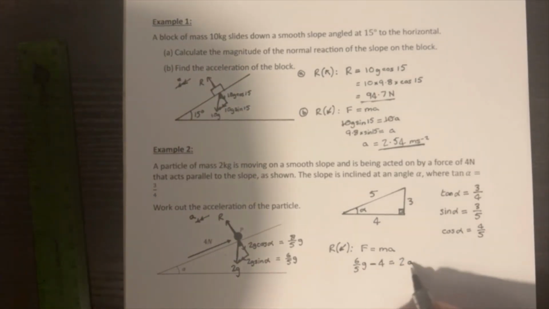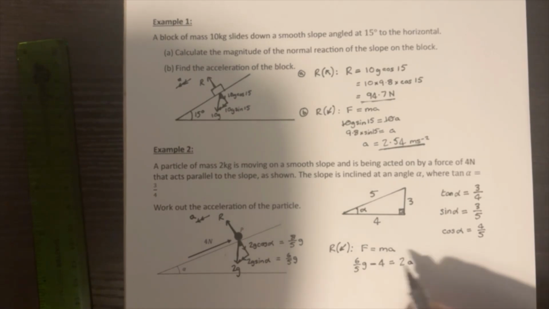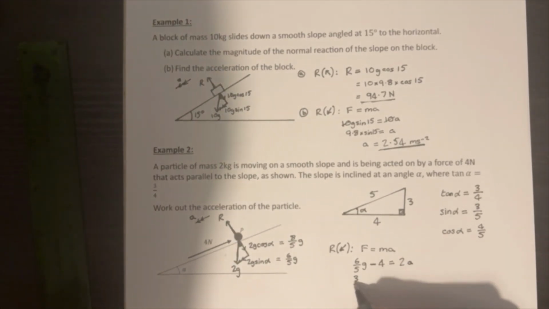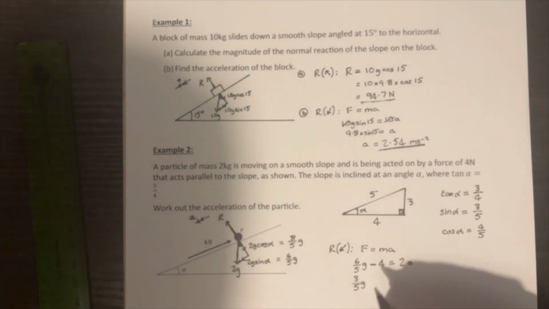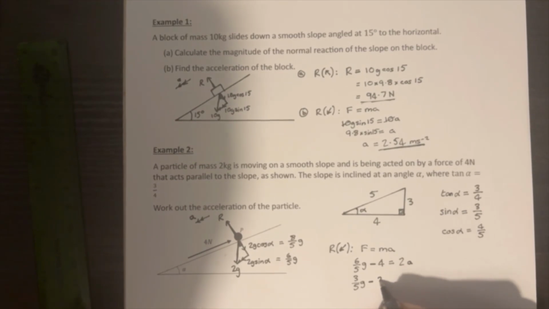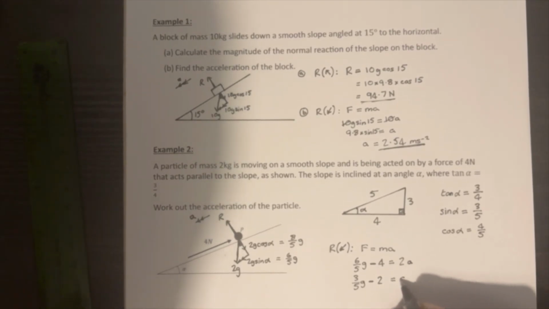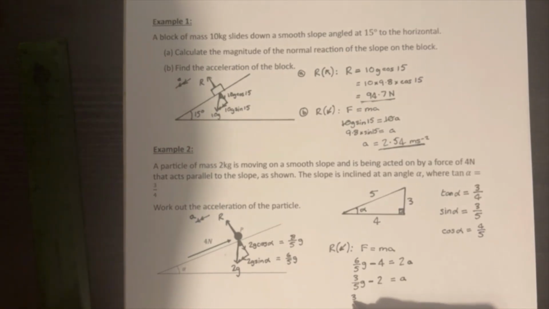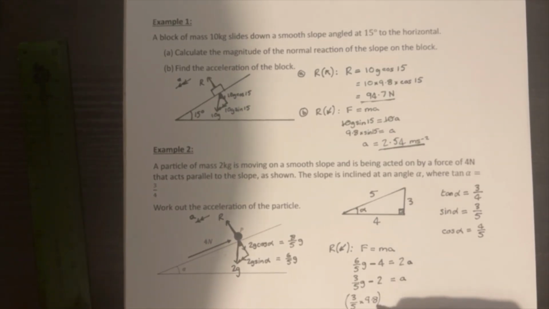So now, if this is equal to 2a, I can divide everything by 2. So I've got 3/5 of g, since 6/5 divided by 2 is 3/5, subtract 2 is equal to that acceleration. So that acceleration is going to be 3/5 times 9.8, and then subtract 2.